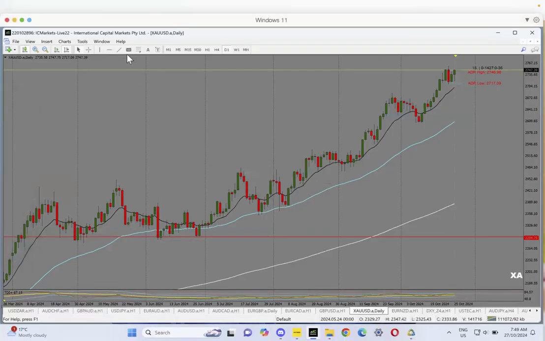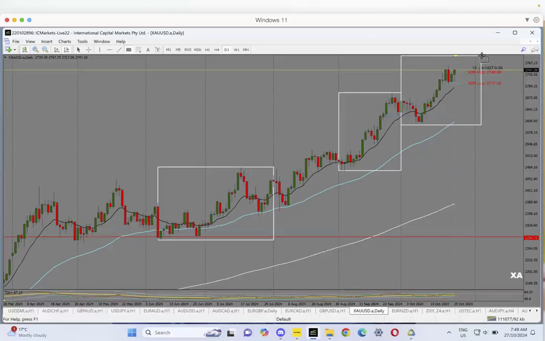Oh, sorry. This is probably my level 1 into a consolidation. This is probably my level 2 into a consolidation. And we are now on level 3 of D1. Sorry. All right. So I'll just bracket this like that with its pullback. So we are now on level 3 D1.